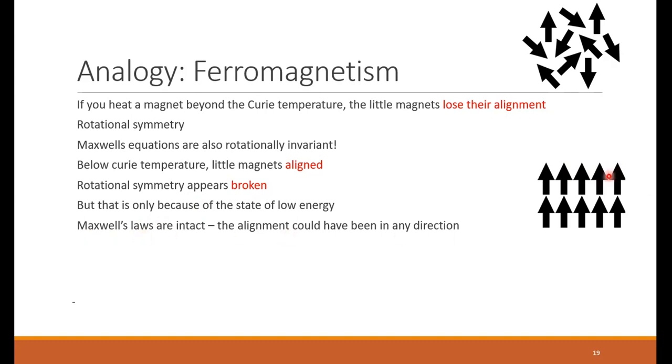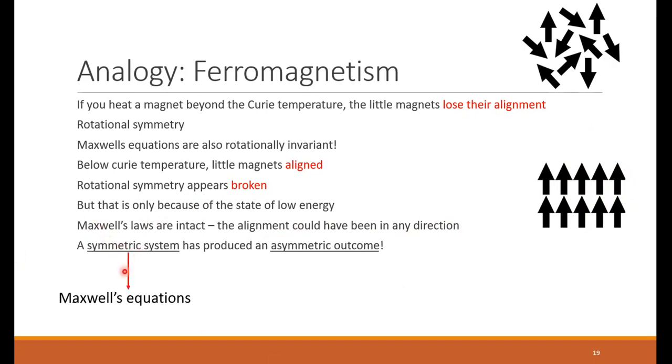And further, the direction in which they align could have been in any direction. It's not necessary that they would always point up. So we see from this that a symmetric system, meaning Maxwell's equations, has produced an asymmetric outcome, meaning the tiny magnets pointing one way, right?